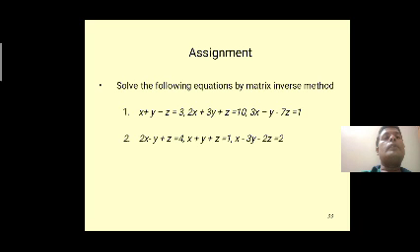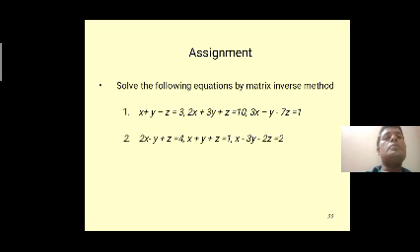Then find the A inverse. How can we find the A inverse? Adjoint A by determinant of A. Then X equals A inverse into the constant values B, or D. We have to do the simplification and get the values of x, y, z.